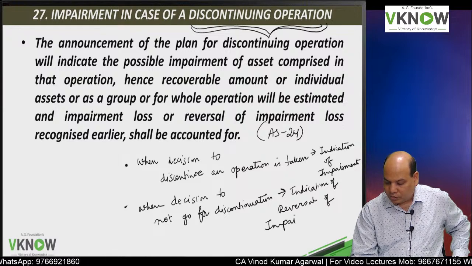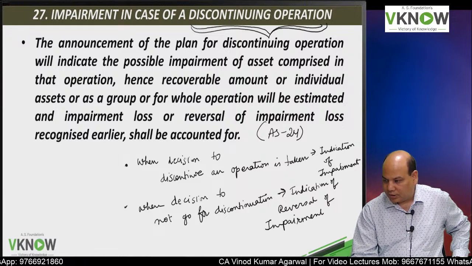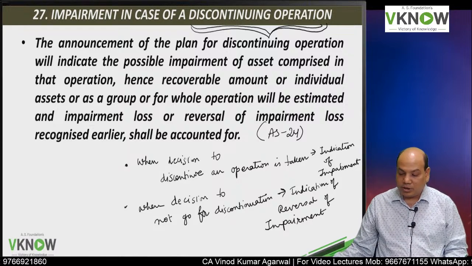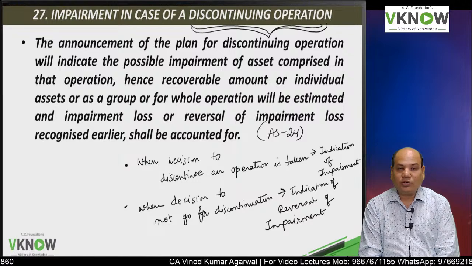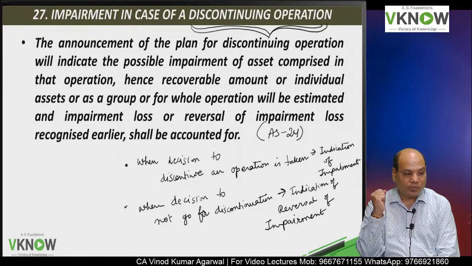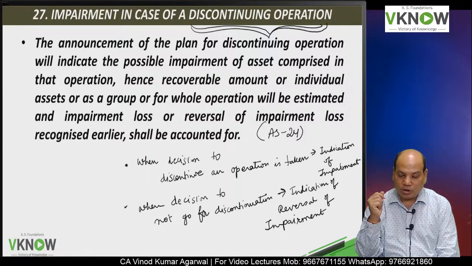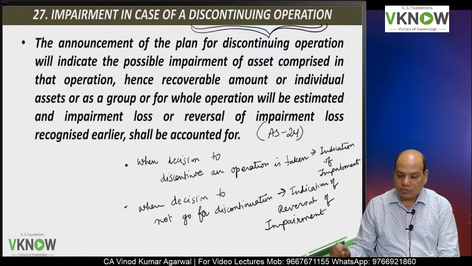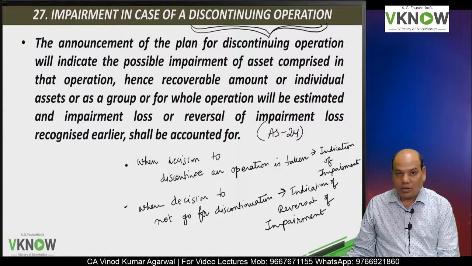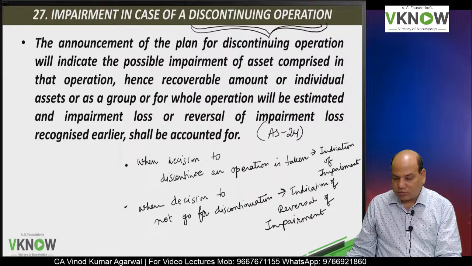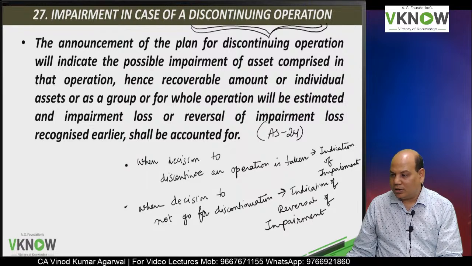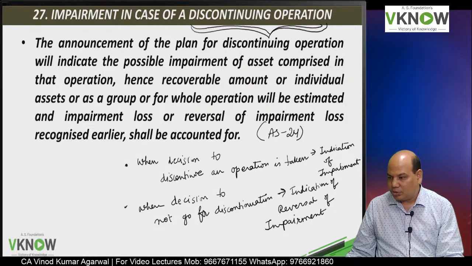If a company wants to discontinue an operation, it is an indication of impairment. But if the company decides that we are going to continue, we believe in ourselves, refer AS 24, that is an indication of reversal of impairment, and you will have to sit down and apply the reversal of impairment provisions.